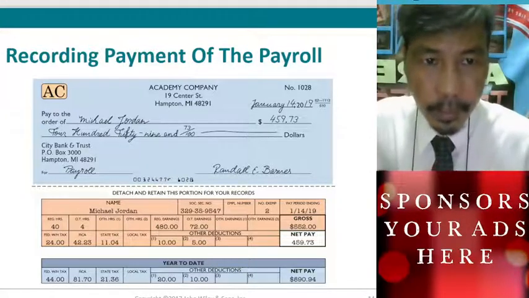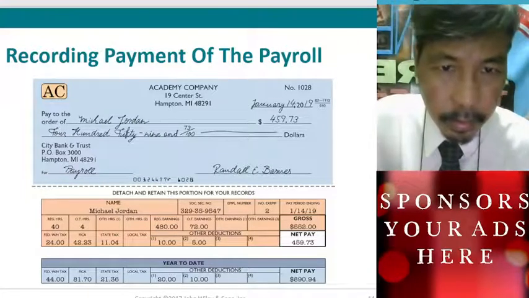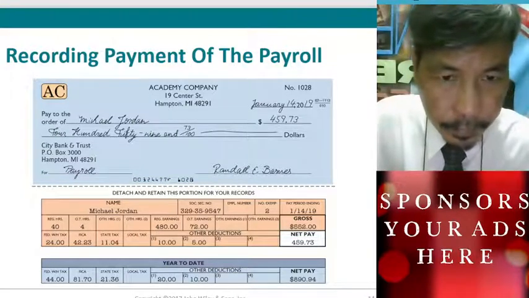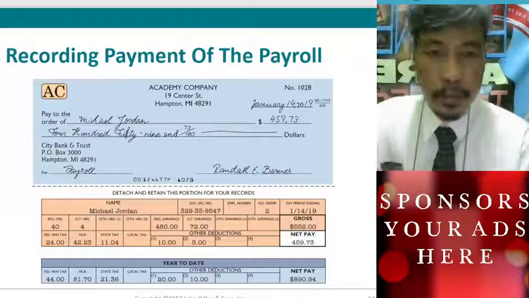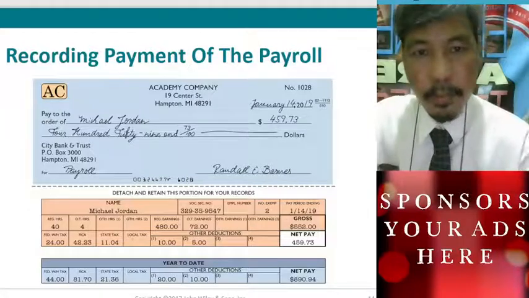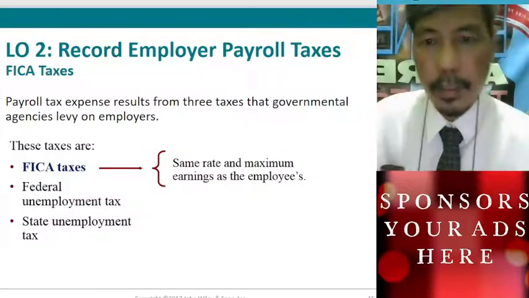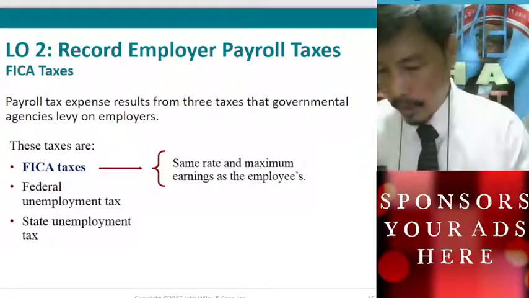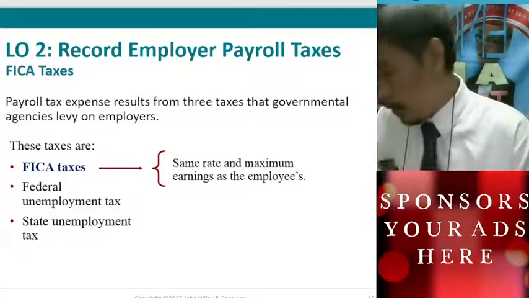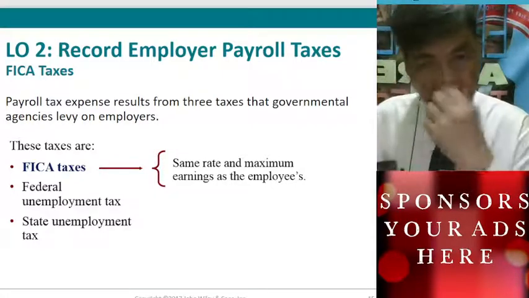Check to Michael Jordan for 159.73, that is for the second week. These are checks paid to the order of Daniel. So they are paying by check. I don't think they are releasing checks nowadays. They just give you the pay slip, and automatically the salaries and wages are on the ATM.